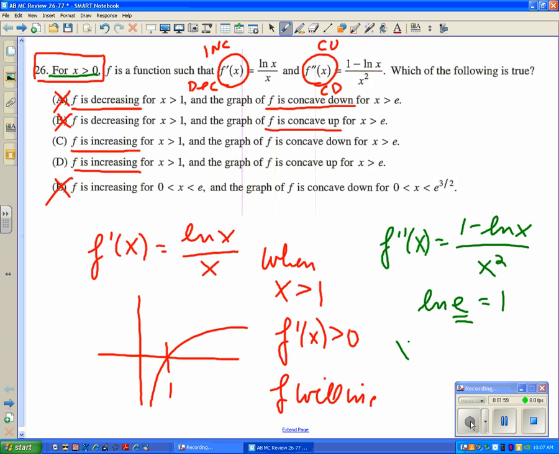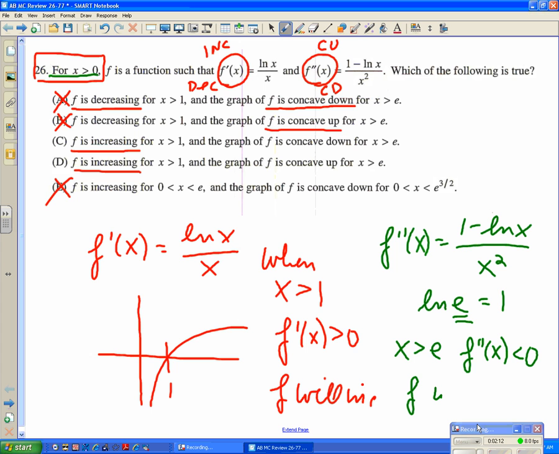So when x is greater than e, we're going to get a second derivative that's negative, and that means the function will be concave down. So as I look to my choices here, I see the function is concave down when x is greater than e, so C must be my answer.